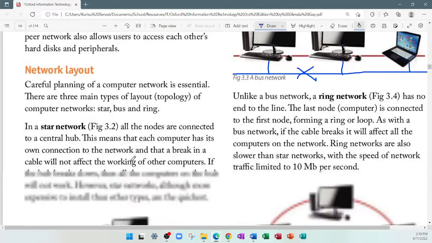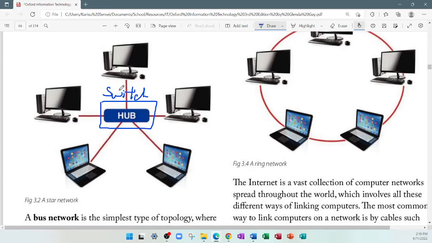Now we didn't look at the disadvantage of the star. The disadvantage of this network is that if the switch goes down, since it's a central device, it will affect the entire network. The entire network will go down because this central device, which connects everyone, will not be able to see each other. But if one device goes down, say for instance this device goes down, the network continues.